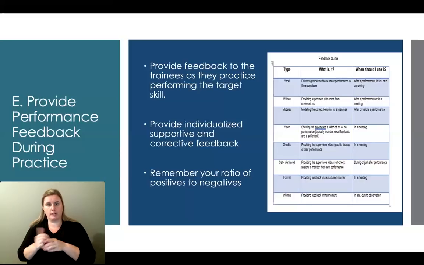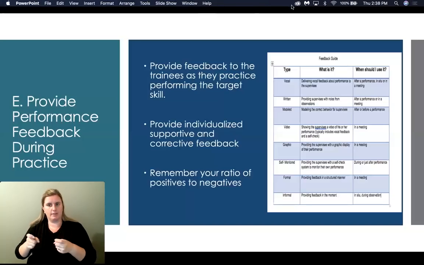I think that is critical when delivering feedback. We must accompany feedback with an opportunity to practice the skill so they have the opportunity to do it correctly so that positive reinforcement can be delivered.